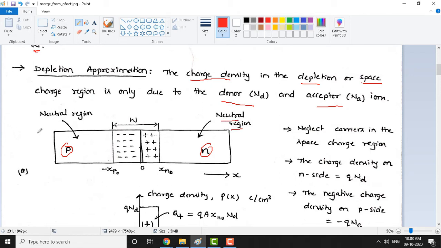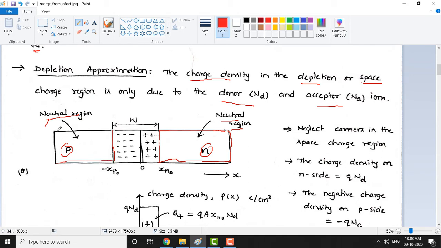What may be the reason for calling this the neutral region? This complete region is called the neutral region. This is the neutral n region, this is the neutral p region.